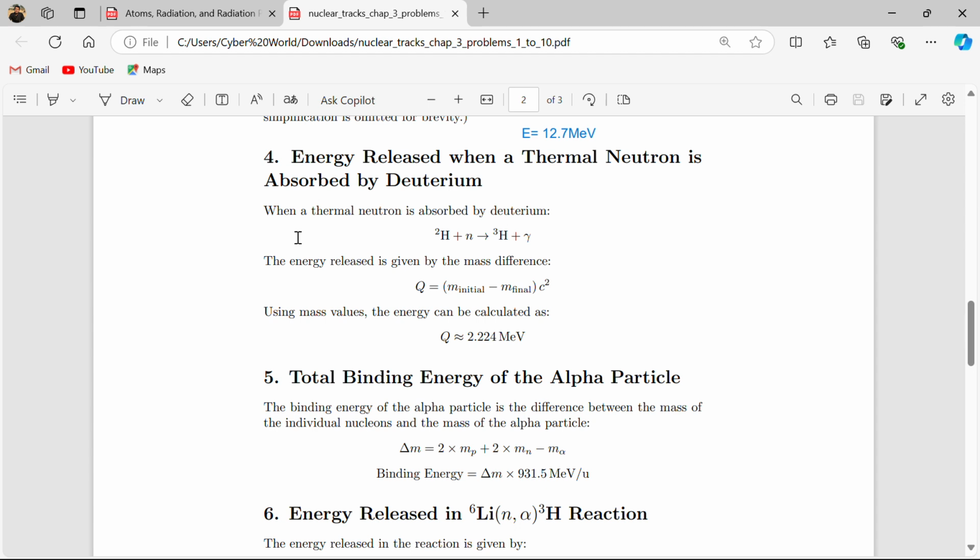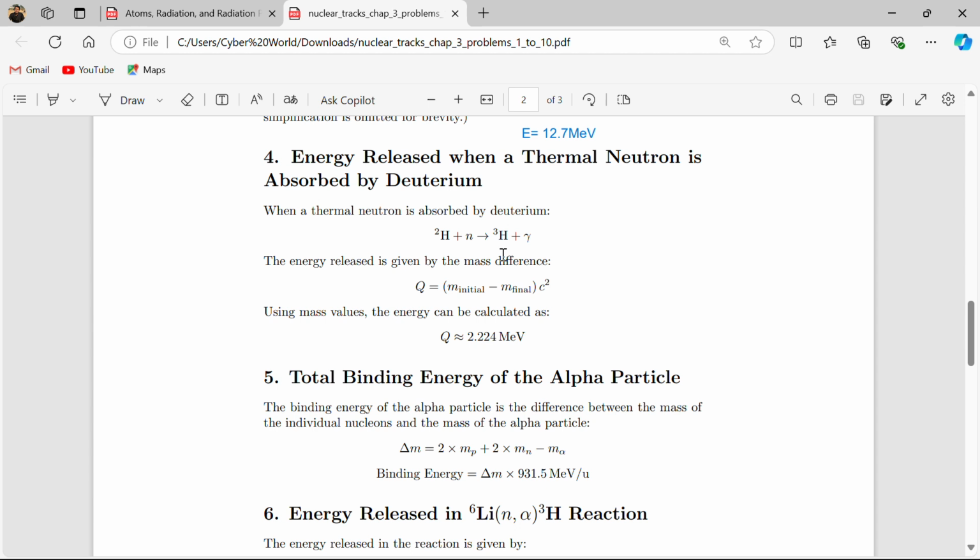This is my solution. Because we have to absorb a neutron with a deuteron, the neutron is 1 0, and after this reaction it becomes tritium with an emission of gamma rays, gamma emission. So how can you find the total energy, meaning the Q value?